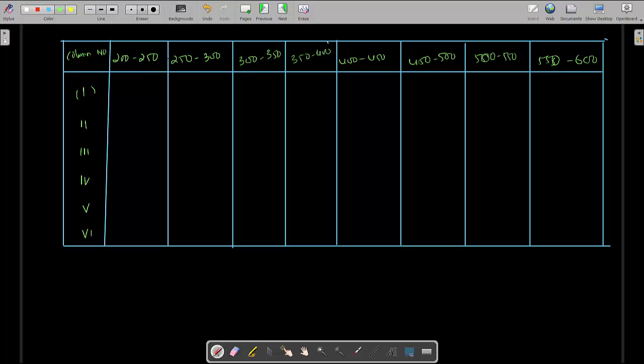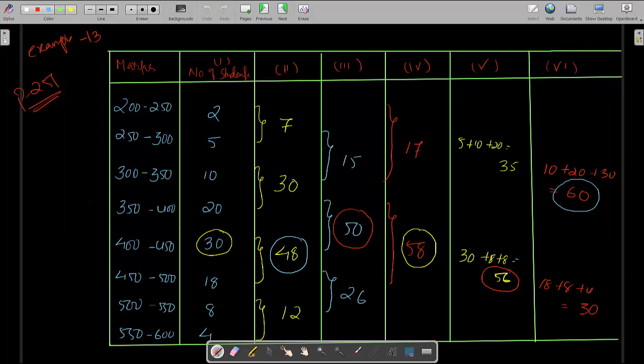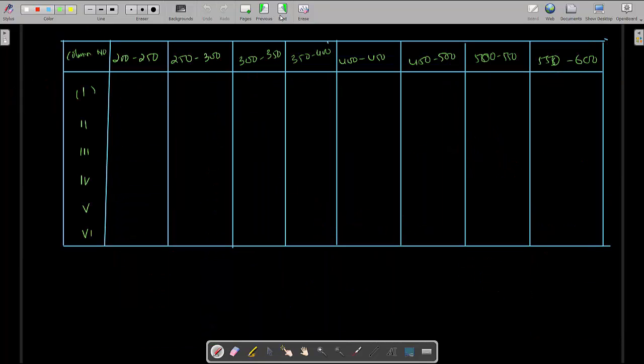Now, let's go back to the previous table. I want you to refer to page number 252 as we make this analysis table. In column 1, the highest value is what? 30. And 30 lies in which class interval? 400 to 450. So we give 1 mark here.